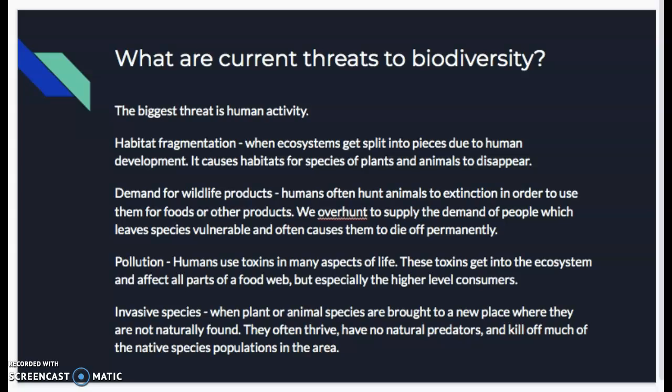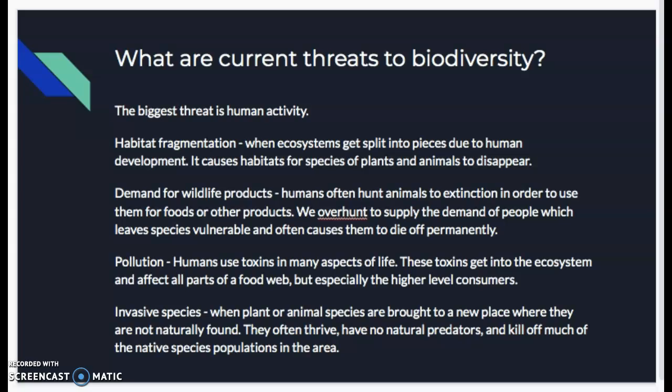We learned in a food web that as energy flows through an ecosystem, as it flows through a food chain, the energy level goes down over time. However, with pollution, the pollution doesn't get used by the plants and animals, so therefore it just gets passed on to the next one, and all of these toxins accumulate in different species.